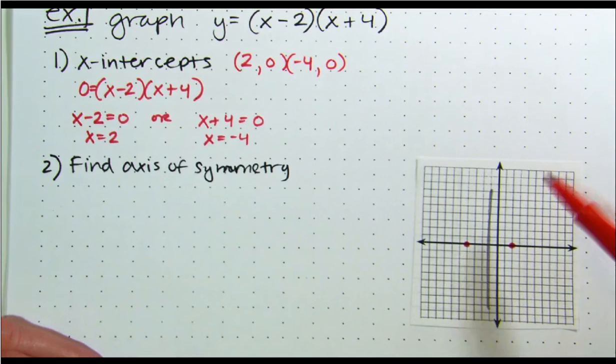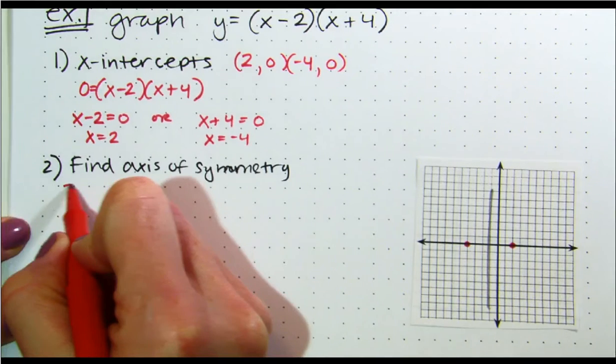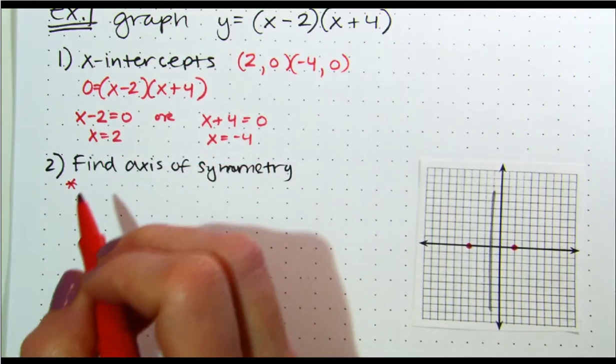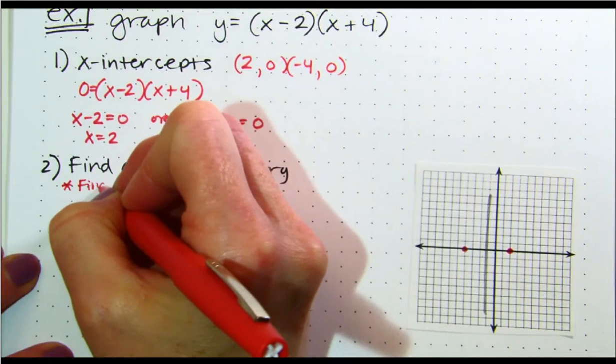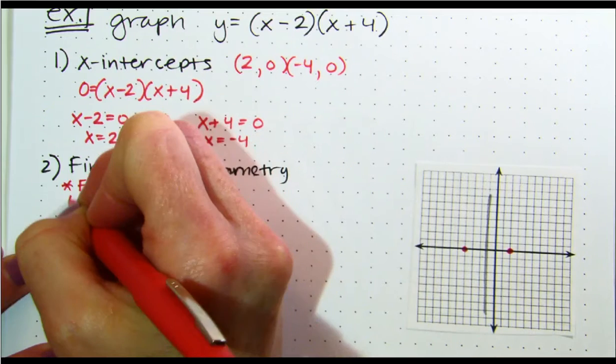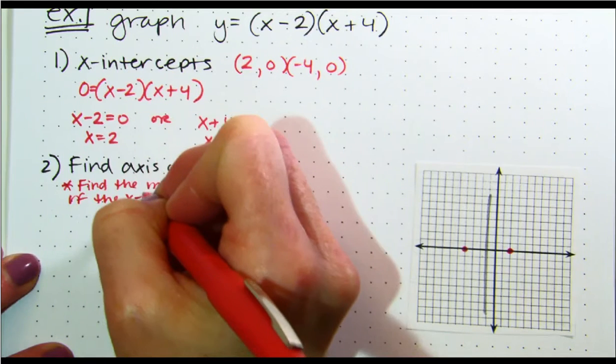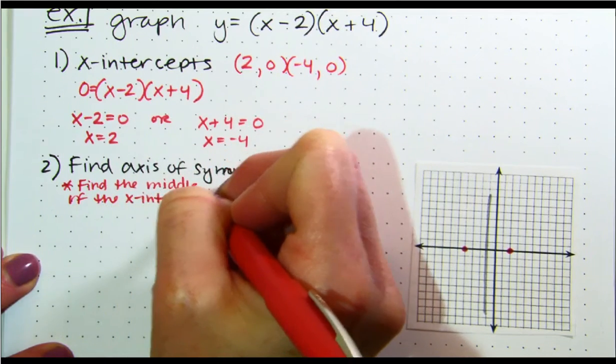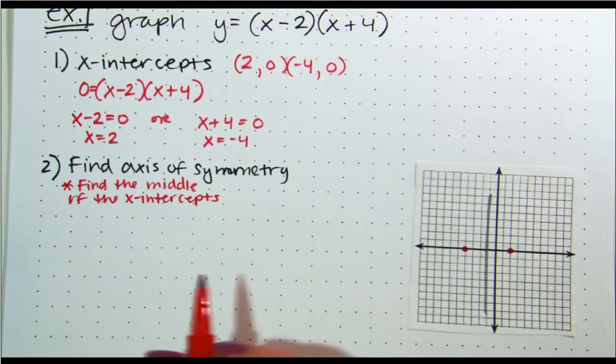Now, if you don't have this graphed first, that's okay. What we can do is find the middle of the x-intercepts. That's all we have to do.